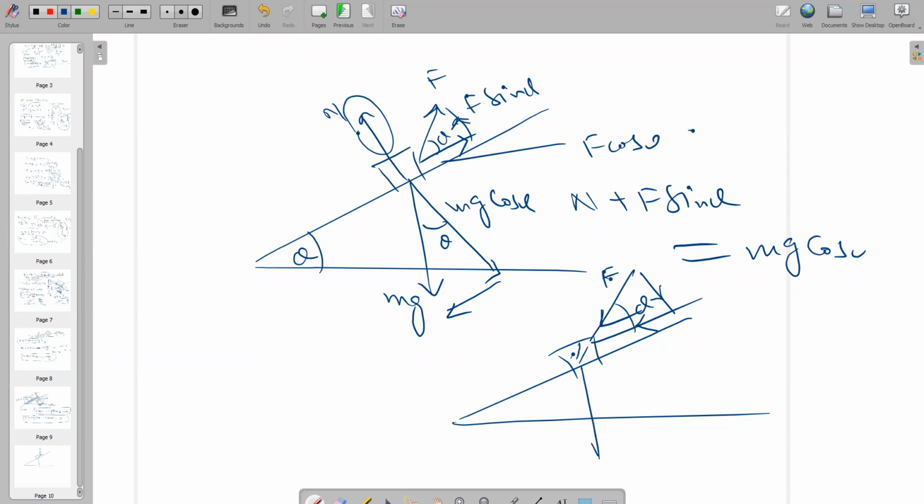And the other forces: this is N, this is mg cos theta, and this is mg sin theta. So these are the situations which you should understand and solve the problems after labeling the forces. Otherwise, the problem will be difficult.